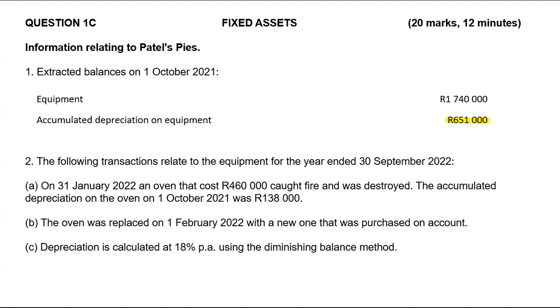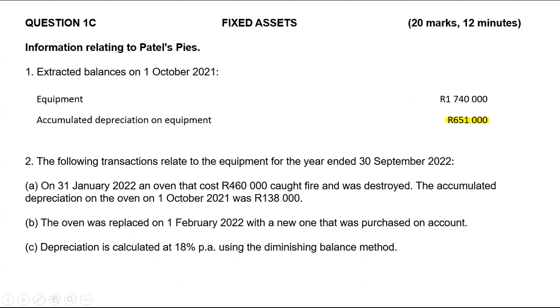How can we say it has accumulated depreciation when we haven't even started depreciating it yet? Depreciation is calculated at the end of the year, but you consider things that happened during the year. The last thing in C, they gave us the depreciation is calculated at 18% using the diminishing balance method. Key, right?